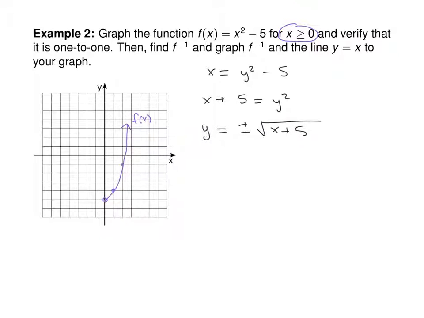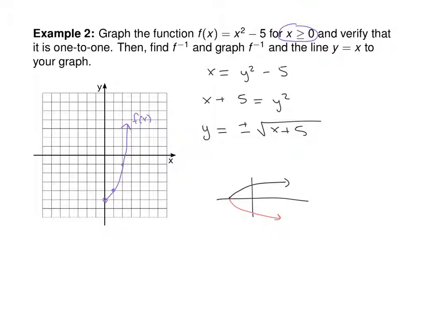The question is, which one do you pick? So think about it this way. If you had positive root x plus 5, that looks roughly like that, right? And if you have negative root x plus 5, it looks roughly like this, right?